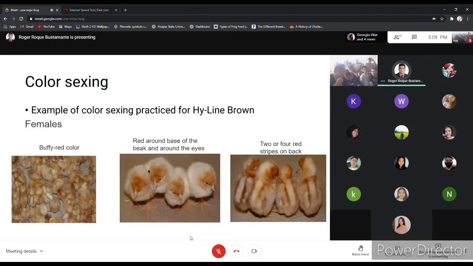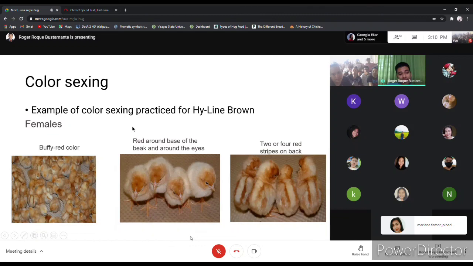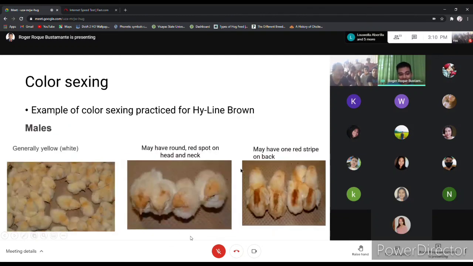So, color sexing, for example, sexing a Highline Brown. Buffy red color, with red around the base of the beak and around the eyes, and then 2 or 4 stripes on the back. Males are generally white or yellow. Females have a buffy red color and other varieties of color.